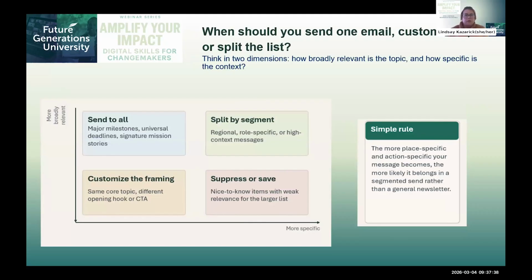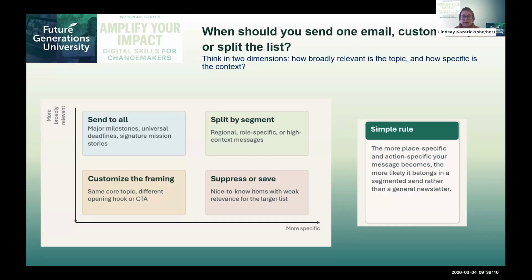So when should you send one email versus customizing it or splitting the list? That's something that we deal with a lot here at the university, and thankfully, I have Deborah and Chris to help me out with this. But if you are a one-person show, which I've had to do lots of times before, this is something that I've used as a rule of thumb.